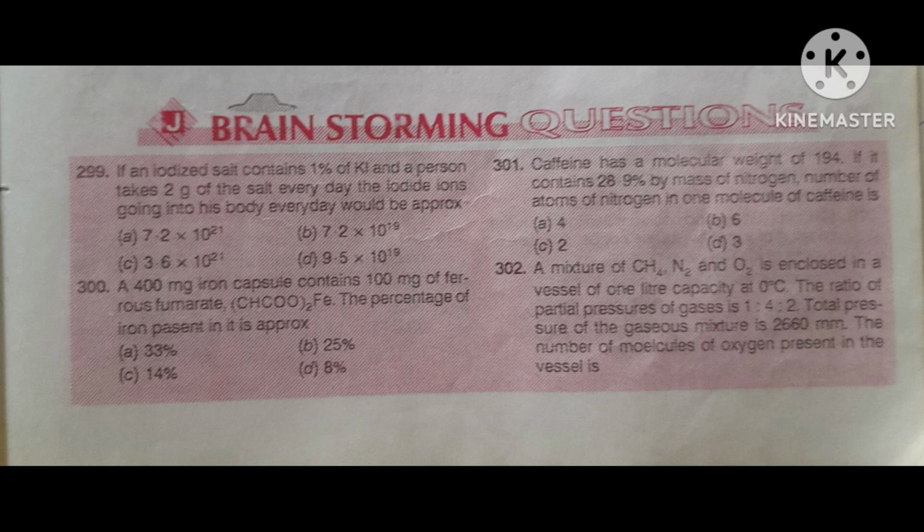When KI dissolves in water or ionizes, it gives an equal number of ions. Potassium and iodide ions will both be in the same number. This means in this 1.2 into 10 to the power minus 4 mole KI, the number of potassium ions and iodide ions will be the same.